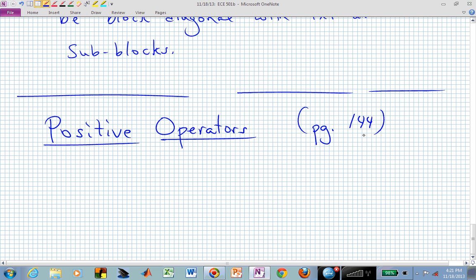And if you're reading along later on today, this you can find on page 144 of your book. And this says an operator, let's say T, and if it's an operator, it's now mapping between a vector space and itself.